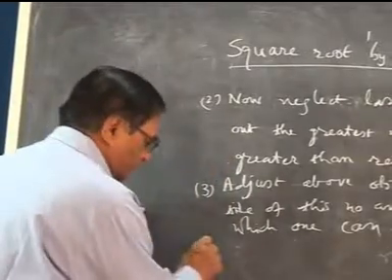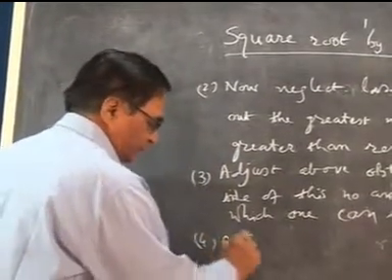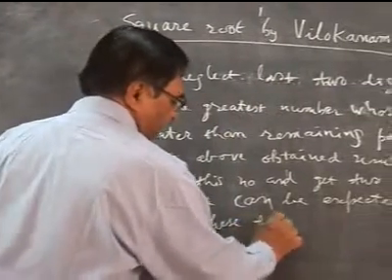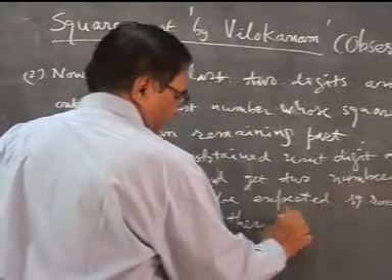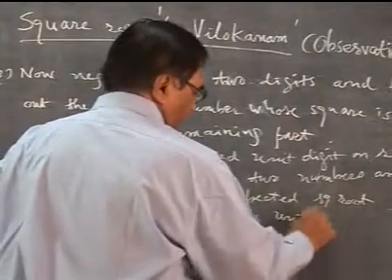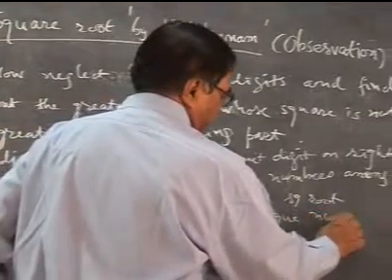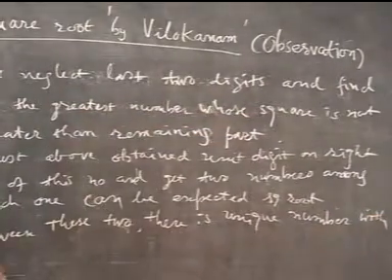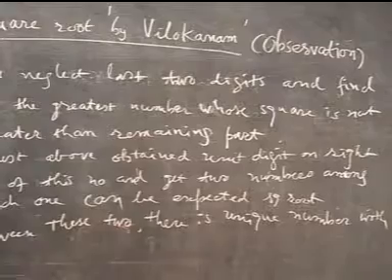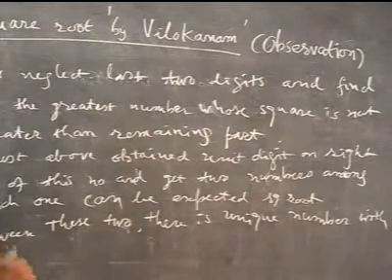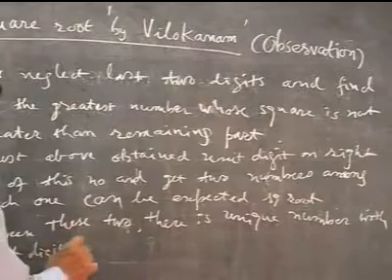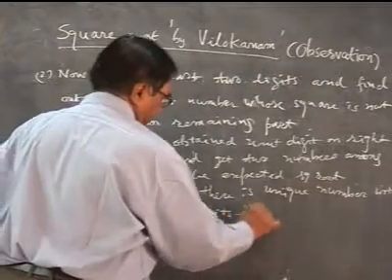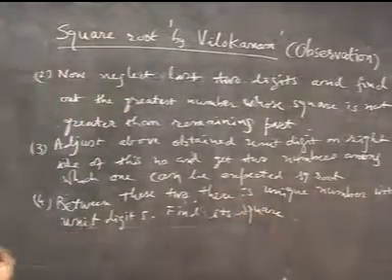So the fourth step: between these two there is a unique number with unit digit 5. Find its square. This is the fourth step.